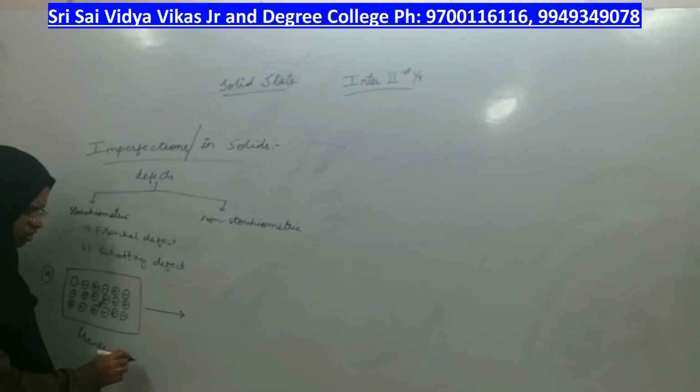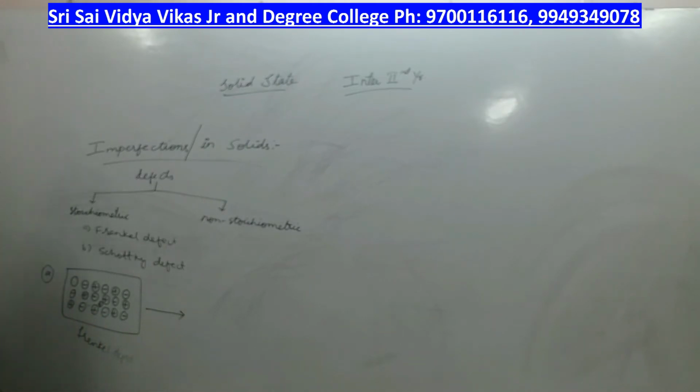Nothing happens to the stoichiometry of the solid, nothing happens to the density of the solid. It just, what happens is, from its place the cation comes out and takes some other place in between, the interstitial position. If you notice, if any ion comes out from its place, a vacancy gets created, right?